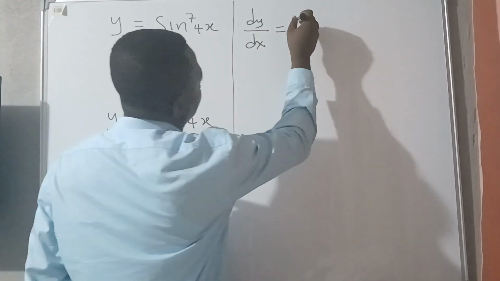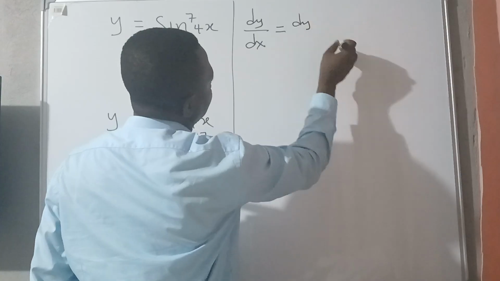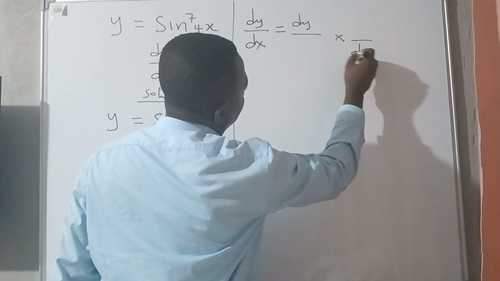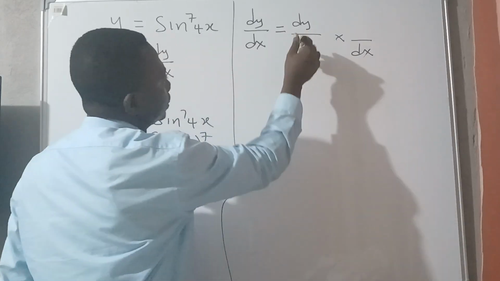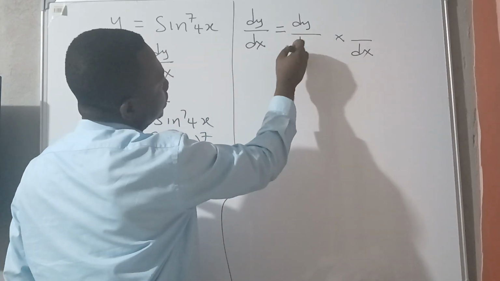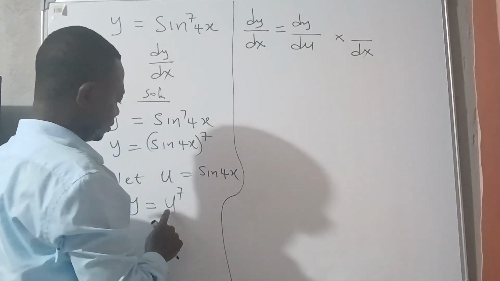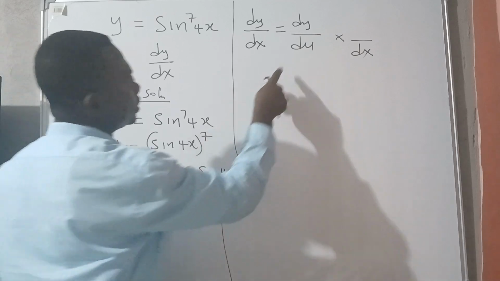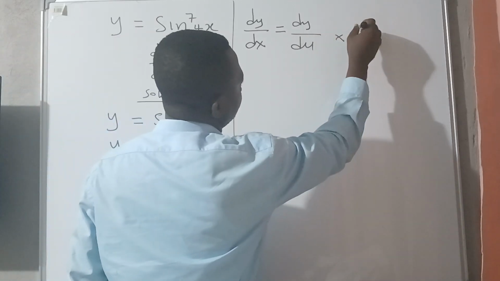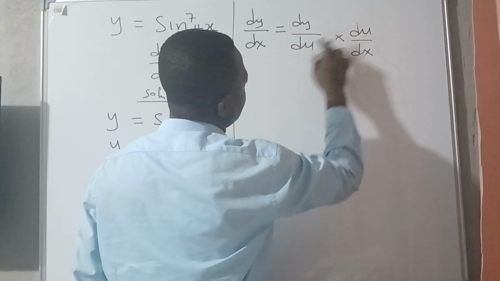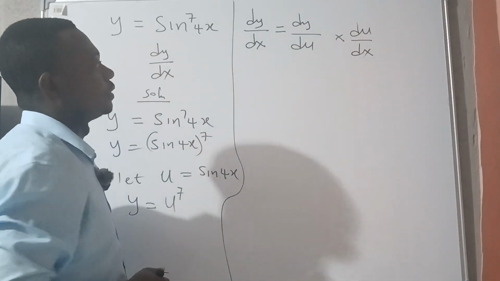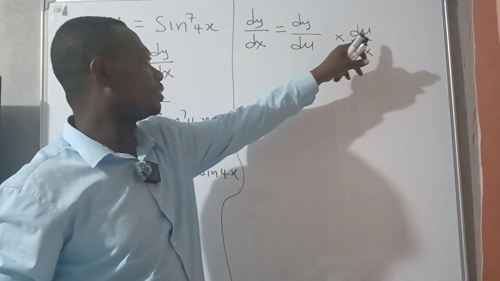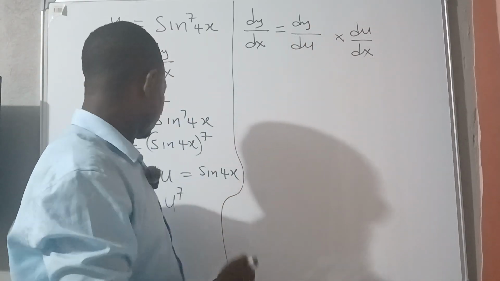So this is how we do it: dy times dx, where this side will be occupied by the newly introduced variable. We said let u be this, so definitely we'll get du. So we have dy/du times du/dx, and we can get them here.